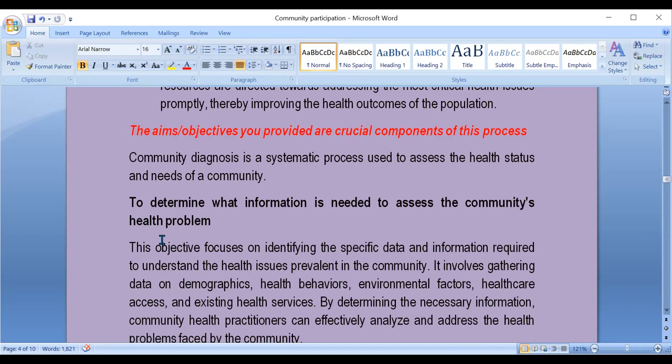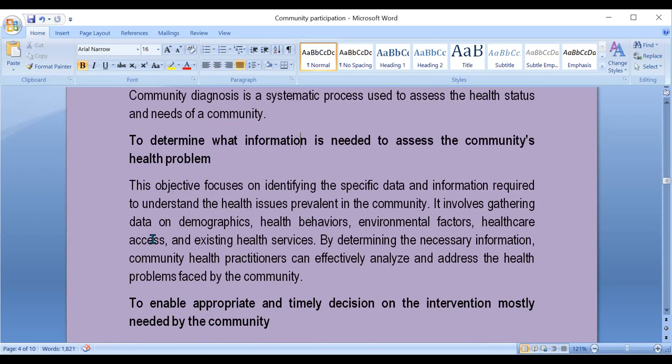One of the aims is to determine what information is needed to assess the community health problem. This objective focuses on identifying the specific data and information required to understand the health issues prevalent in the community. It involves gathering data on demographics, health behaviors, environmental factors, healthcare assets, existing health services.